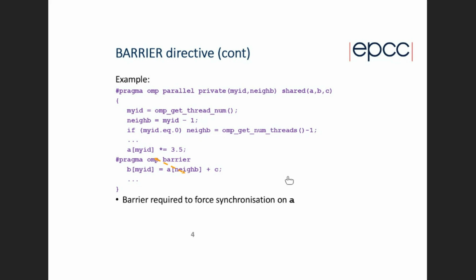The barrier directive always applies to the threads in the innermost enclosing parallel region. So if I have nested parallel regions, the barrier binds only to the innermost set. There's no way to have a barrier across outer parallel regions.